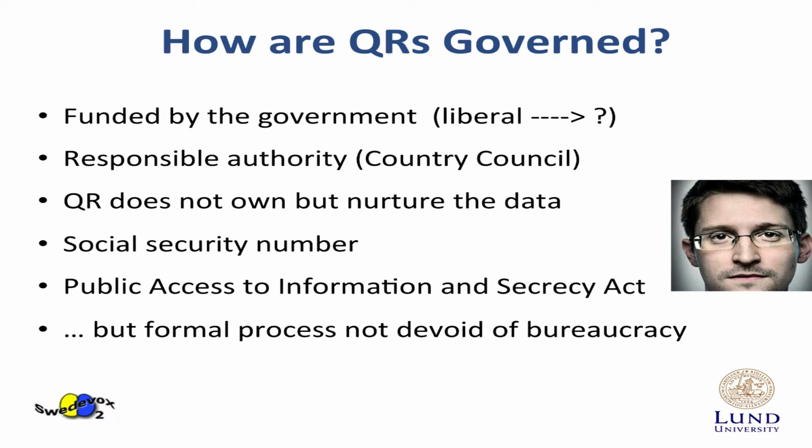So if you got the public funding, then you're using the social security numbers. Then you're under the Public Access to Information Secrecy Act of Sweden. So actually, if you are registering stuff about people, you need to let people know about that data.